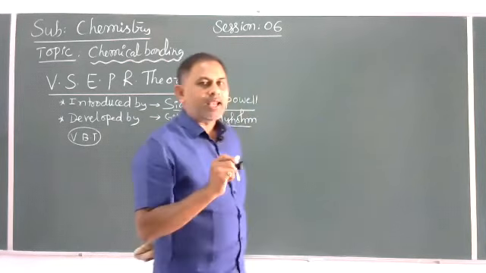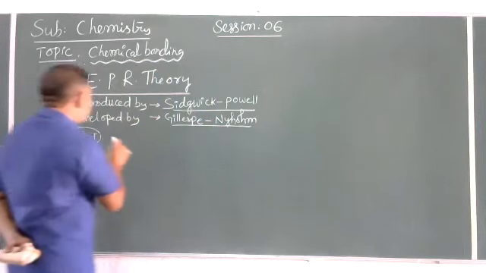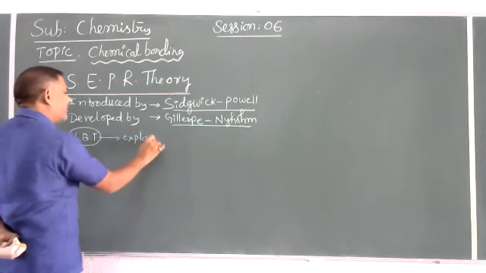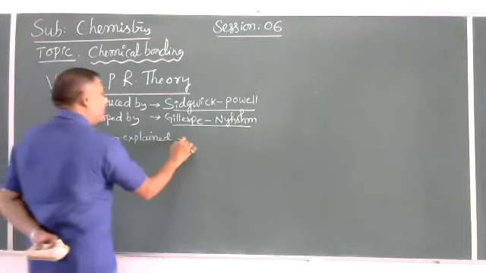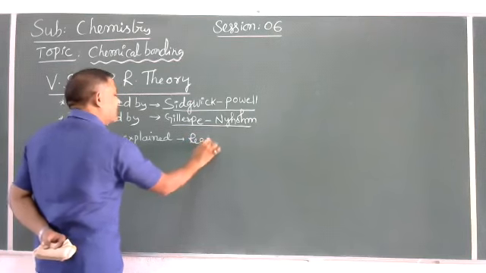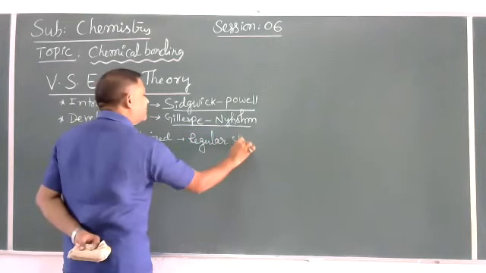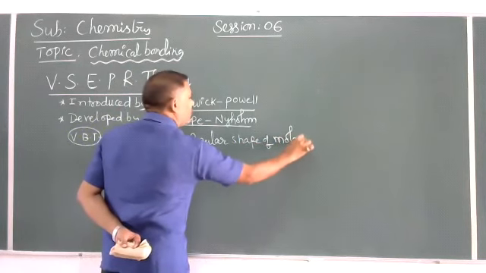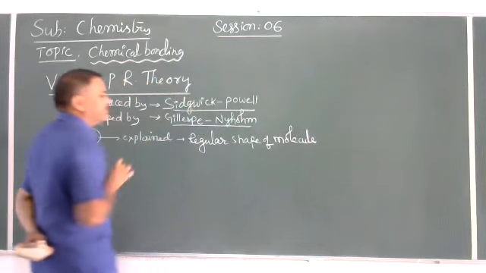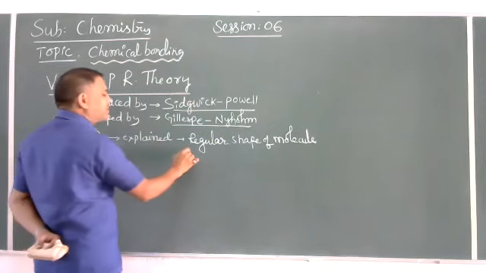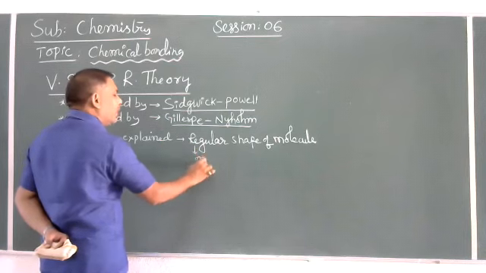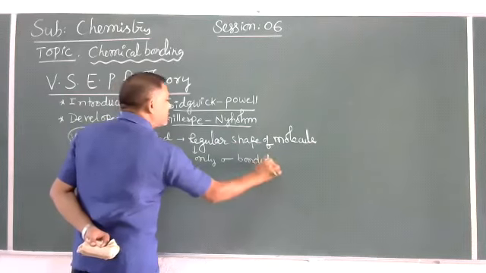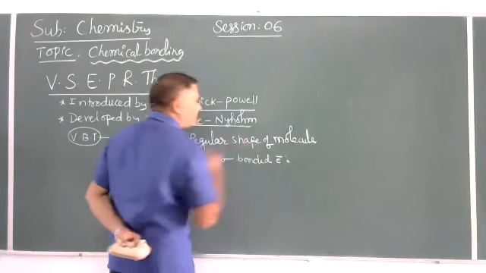According to VBT, the theory explains the regular shape of the molecule. A regular molecule means it contains only sigma bonded electrons.